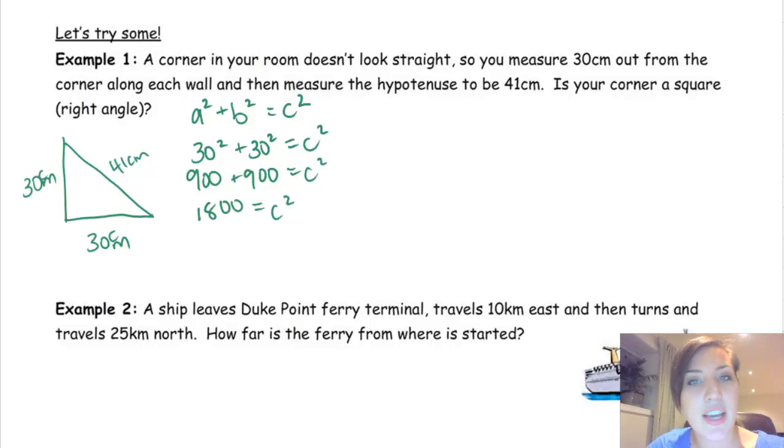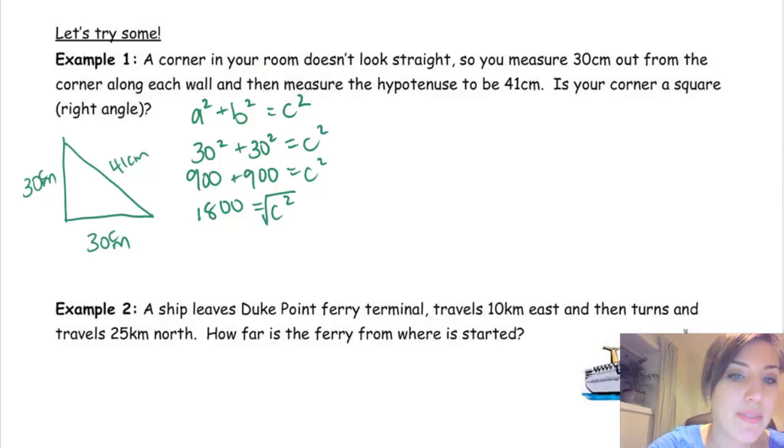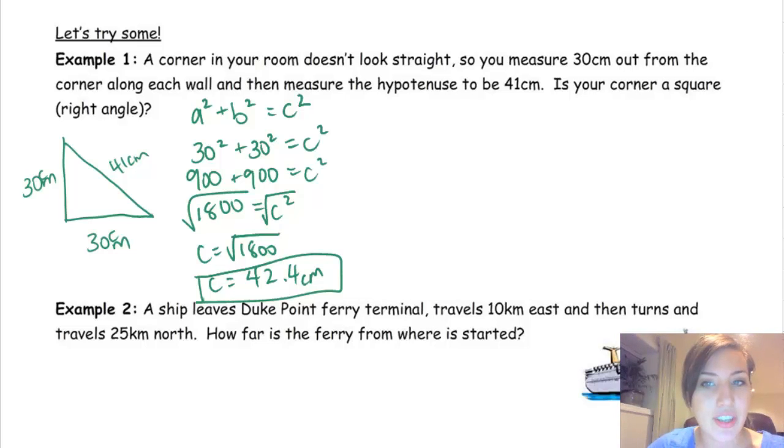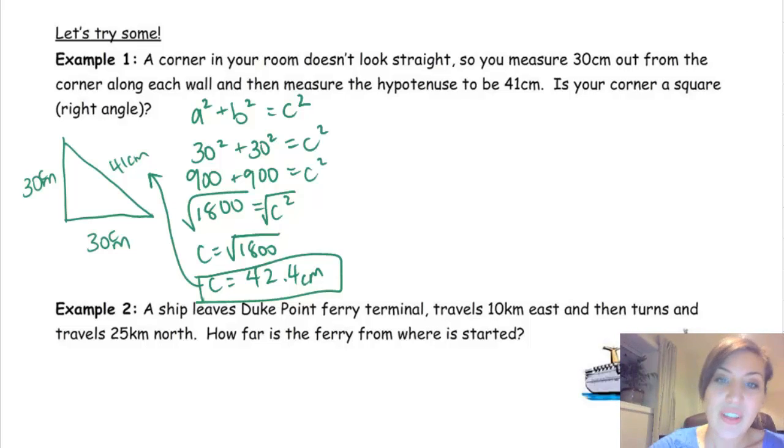To get c by itself and get rid of that square, we square root it. So c equals the square root of 1800, which is 42.4 centimeters. Is that the hypotenuse given here? No, it's not. So, is your corner a square? We're going to say no.